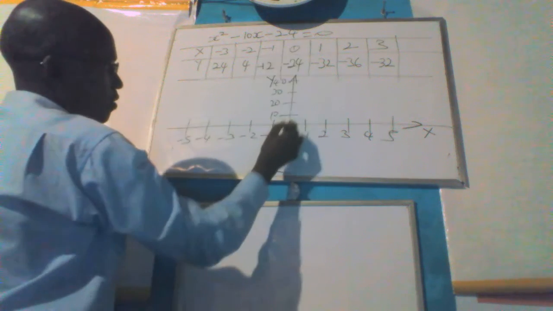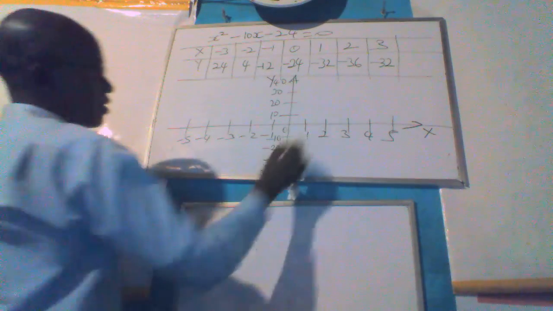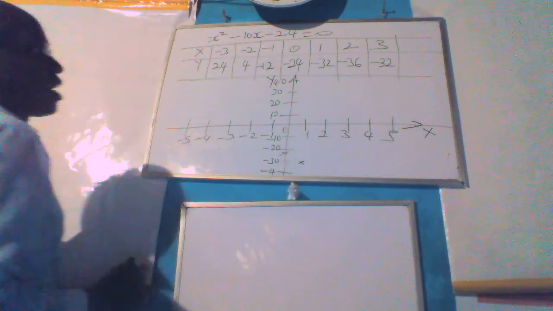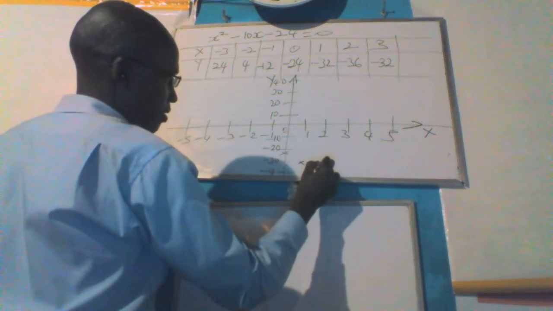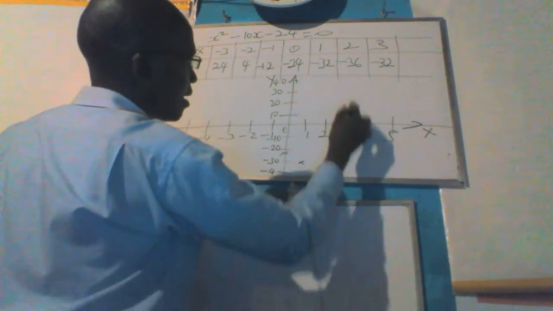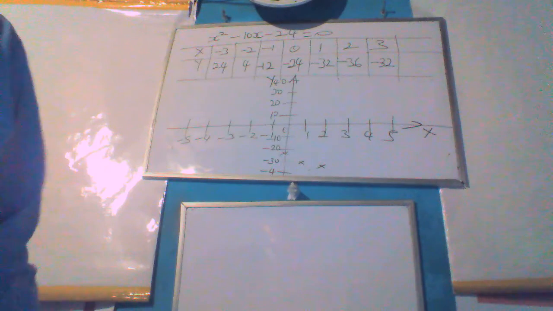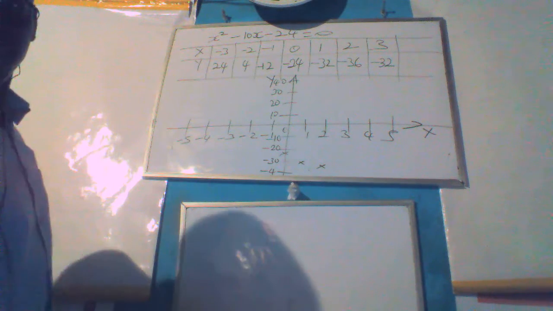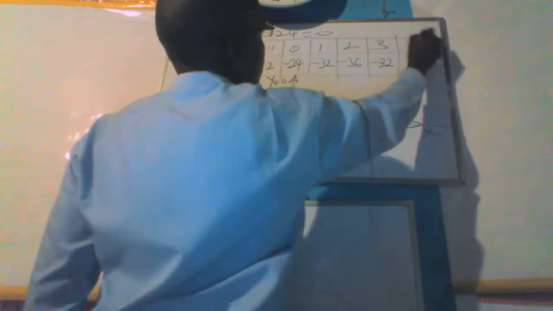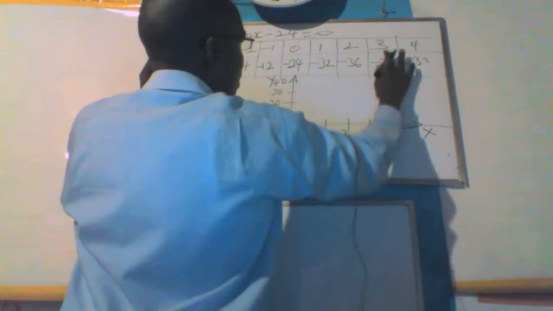We have 0, minus 24. Then we have 1, minus 32. Then we have 2, minus 36. Then we have 3, minus 32.